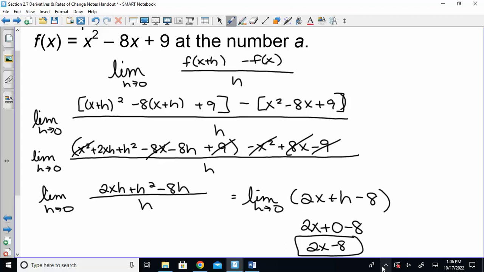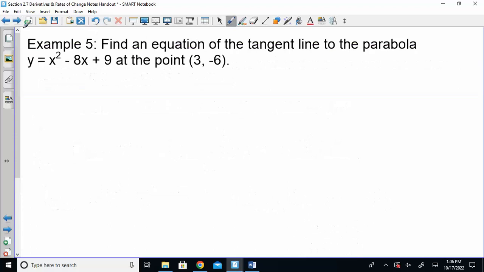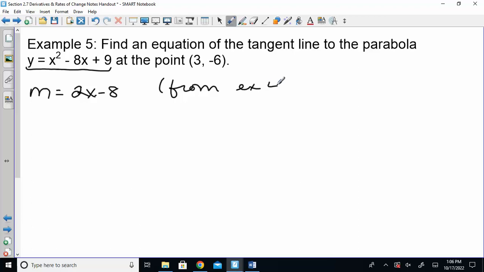So let's go ahead, we're going to do example 5 and then I'm stopping. So I could take this and get the equation of the tangent line. Notice this is the equation that I just found, right? So I know that my derivative, or the equation for the slope of my tangent line, is 2x minus 8. And that's just from example 4. That was our answer there.